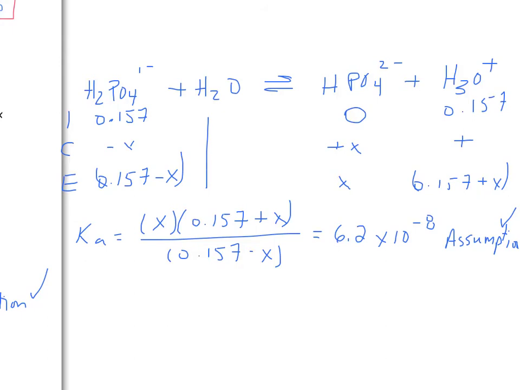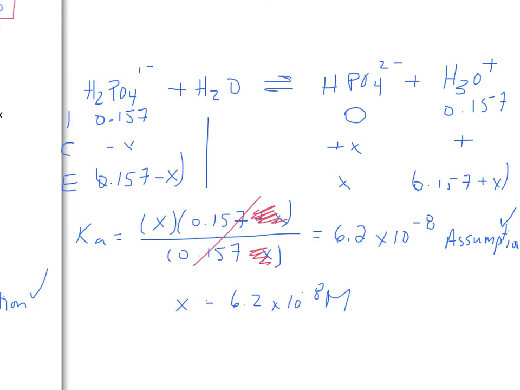That means if I subtract X from 0.157, it won't make a difference. I'll get 0.157. That also means if I add X to 0.157, it won't make a difference. I'll get 0.157. That makes the math very simple. X equals 6.2 times 10 to the minus 8 moles per liter.